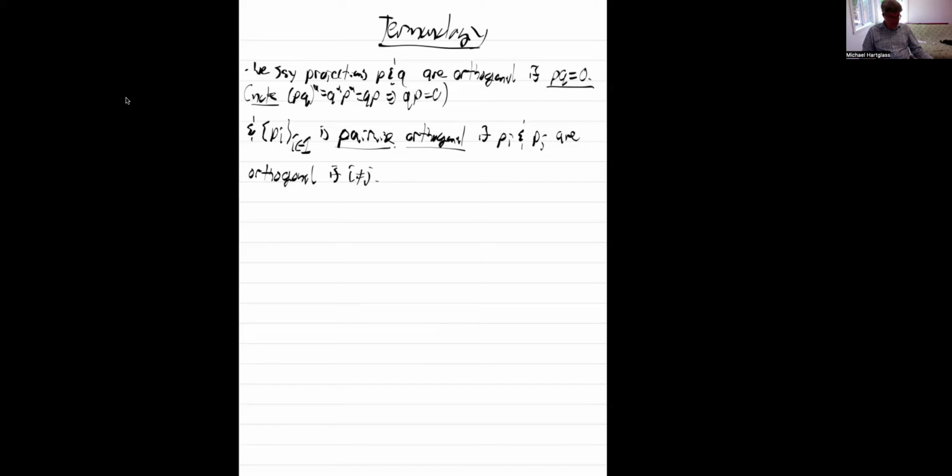And as an exercise, I believe it's 1.47, something you can show is that P and Q are orthogonal if and only if PH is orthogonal to QH.